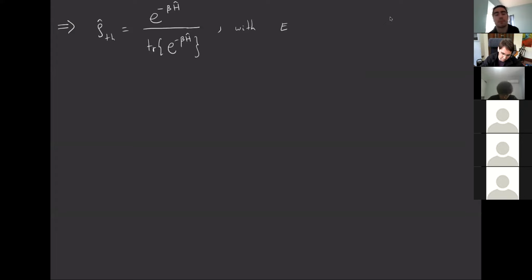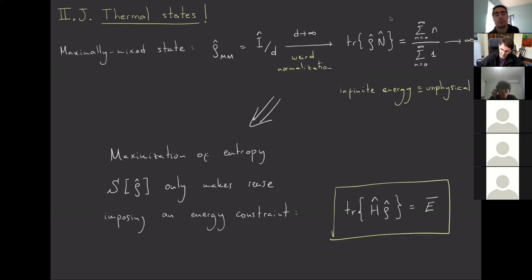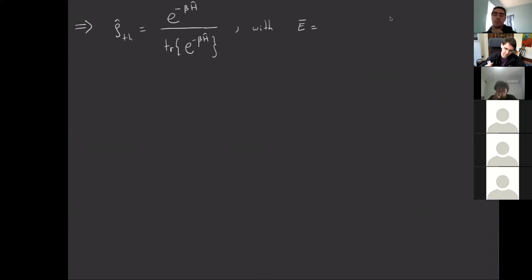So in particular, we have the constraint that the mean energy is equal to the expectation value of the energy. So I remind you, the expectation value of the energy is the trace of Hamiltonian times state.